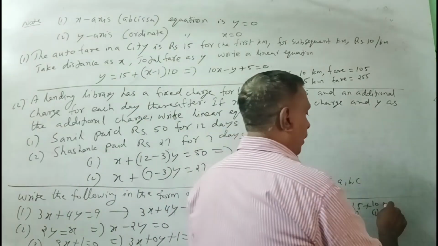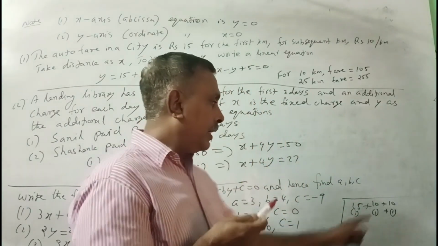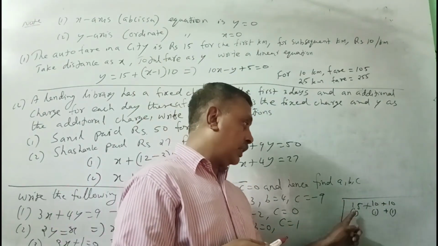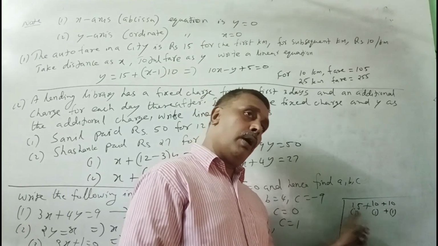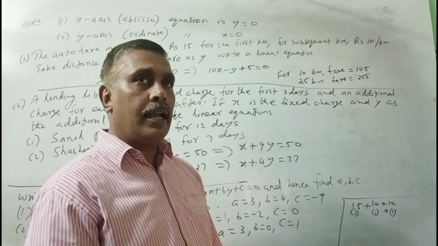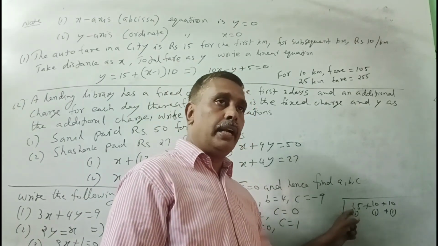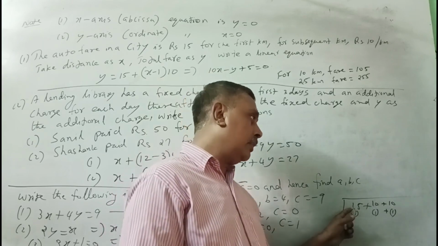3 kilometer if you are going, then you have to pay 10 plus 15. Means first kilometer you have to pay 15 plus whatever the additional kilometer are there, that minus 1, because 1 is already here. So 1 kilometer we already paid here.